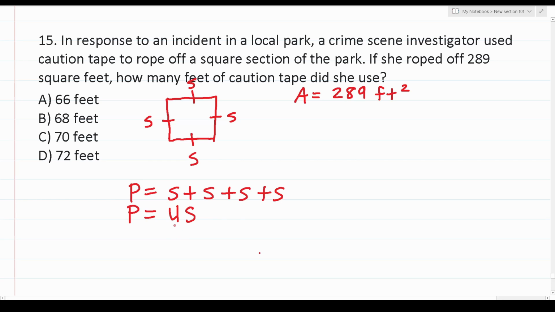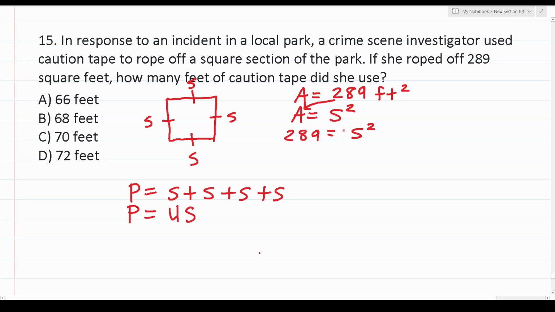All right, so clearly we need to figure out what S is in this case. Well, how are we going to do that? To find the area of a square, we always do area equals one of its sides squared. We know what the area of this square is, so I'm going to take this 289 and plug it in for A. This becomes 289 equals S squared.